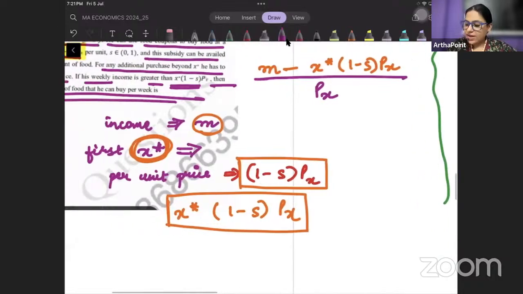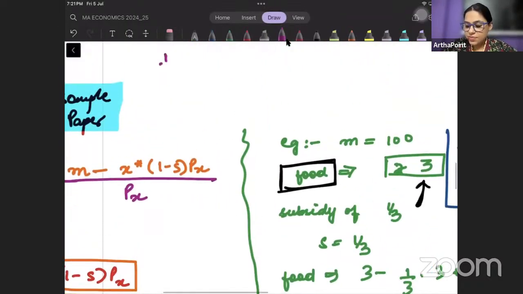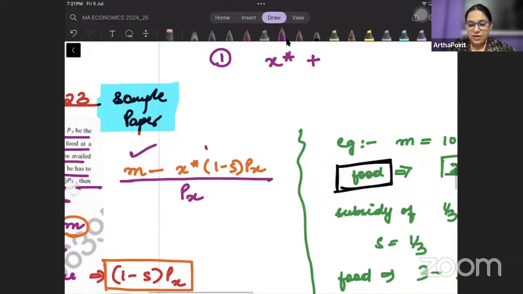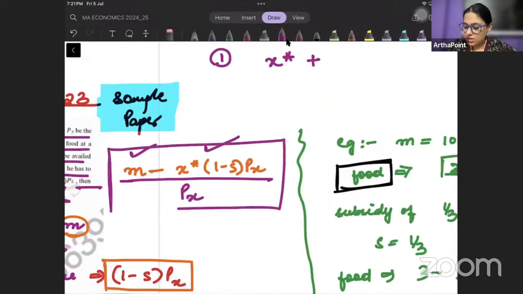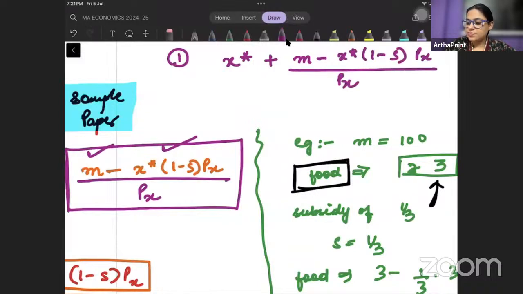So now if I ask you, what is the total units purchased? First, I purchased X star units, and plus, from the income that was left after purchasing X star units, I purchased these extra units. So plus M minus X star into 1 minus S px, by px.